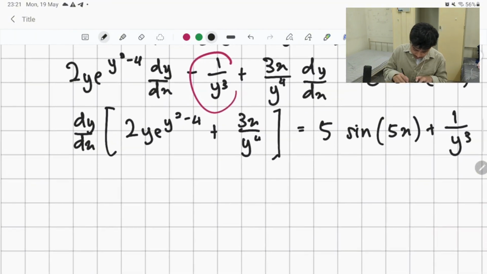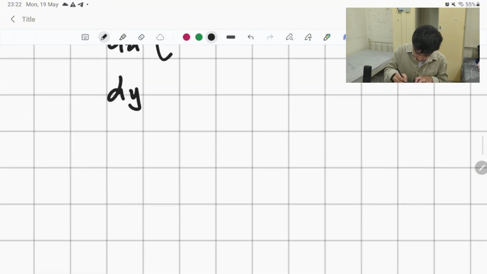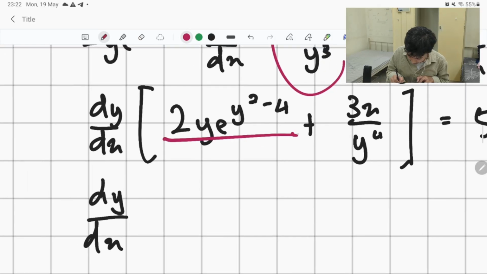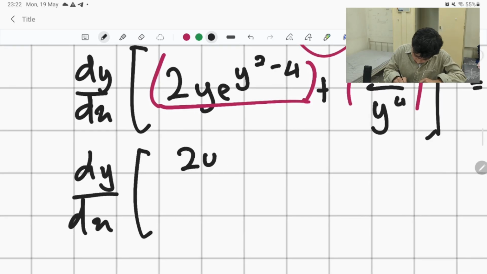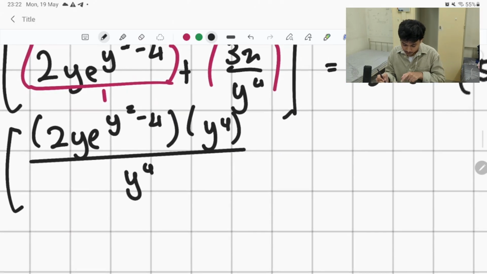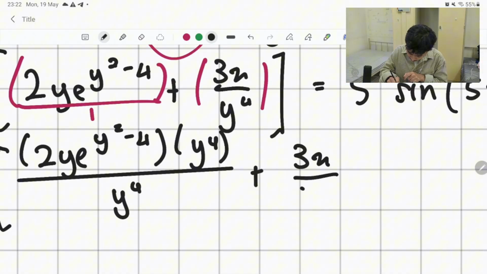So for dy over dx, we need to make sure that the denominator of this equation is the same as the other side. So 2y e to the power of y squared minus 4 multiplied by y to the power of 4, plus 3x over y to the power of 4.